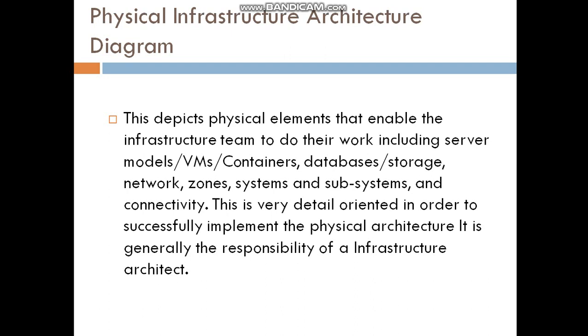Physical infrastructure architecture diagram. These depict physical elements that enable the infrastructure team to do their work, including server models, VMs, containers, database, storage, network, zones, systems and subsystems, and connectivity.